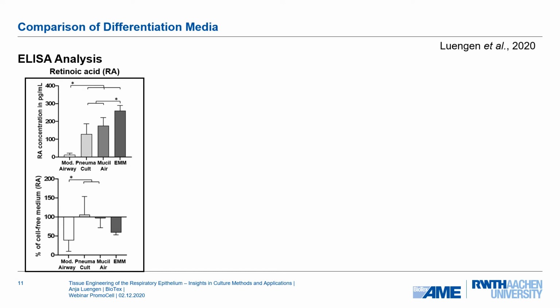If we normalize these results on cell-free medium, we observed highest retinoic acid consumption in modified airway medium and in EMM. Nevertheless, modified airway medium revealed to be the medium with the lowest retinoic acid content of only 50 nanomolar. Literature supports our findings, as retinoic acid concentrations higher than 100 nanomolar are thought to decrease the differentiation capacity.